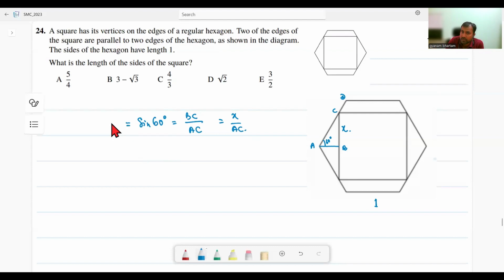So sine 60 is root 3 over 2. So we can write AC equal to 2X by root 3. So we have AC, right? Now, by a similar triangle, we can find CD.